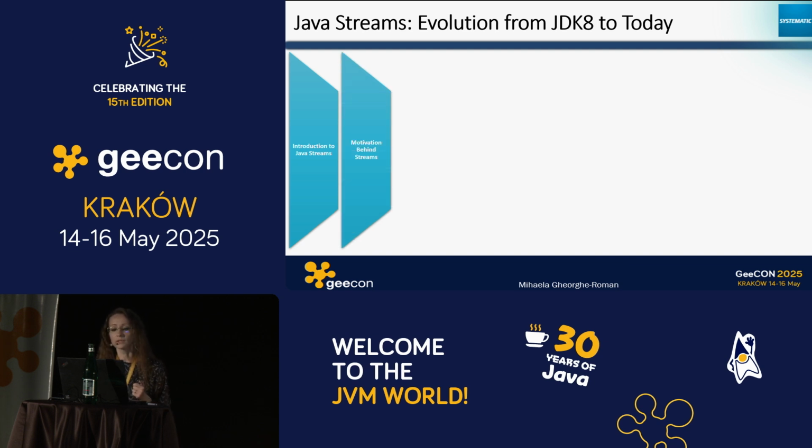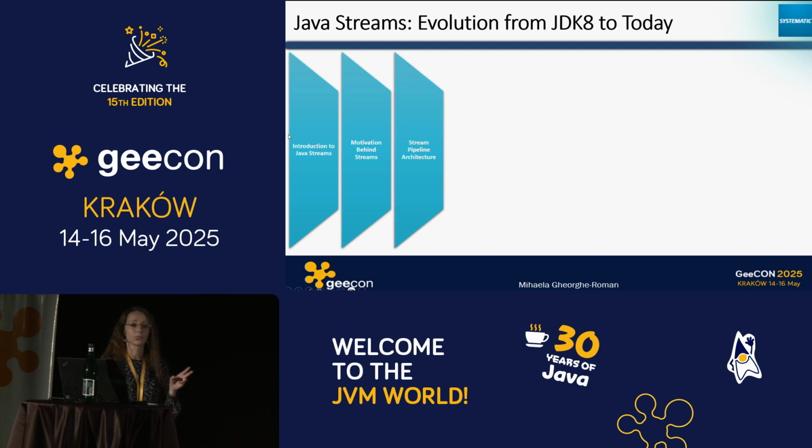Next, we will look at the motivation behind streams, why they were introduced in Java 8, and what problems they were aiming to solve, especially with a focus on verbosity and parallelism. Then, we will break down the stream pipeline architecture: how the data flows through a stream pipeline and what makes the architecture so powerful and efficient.